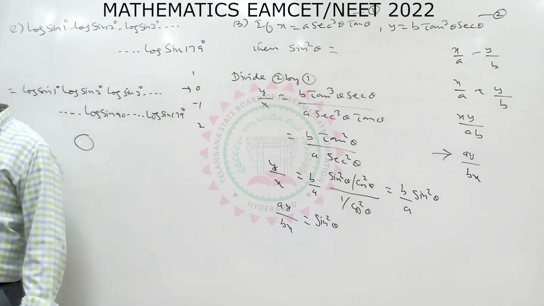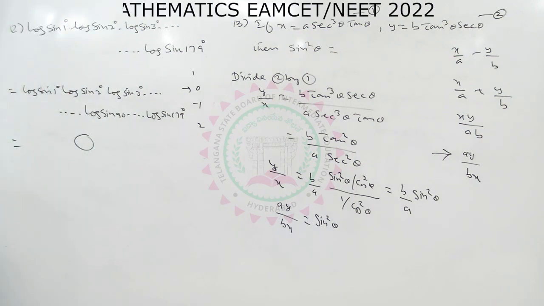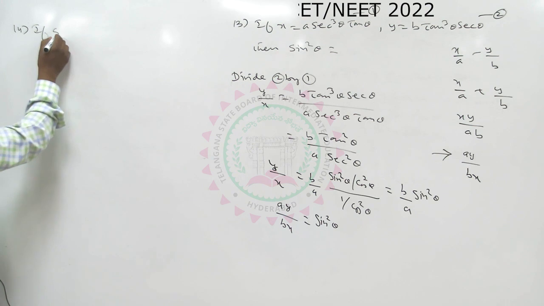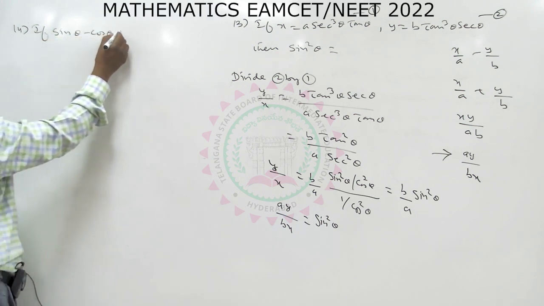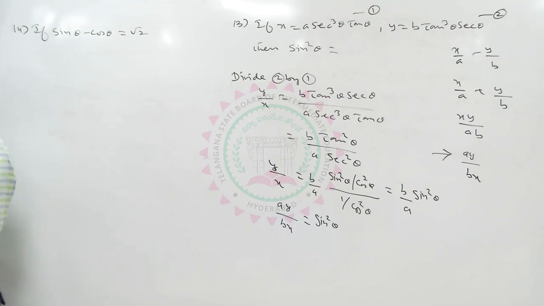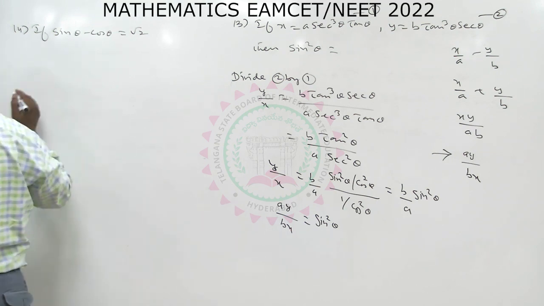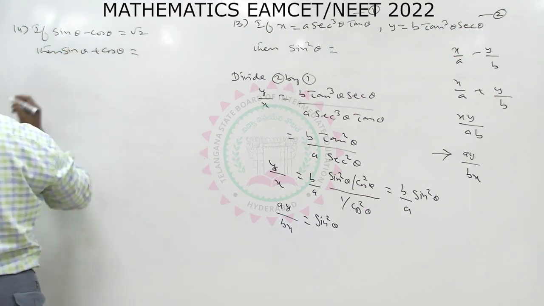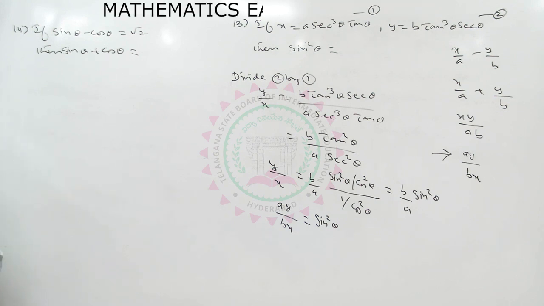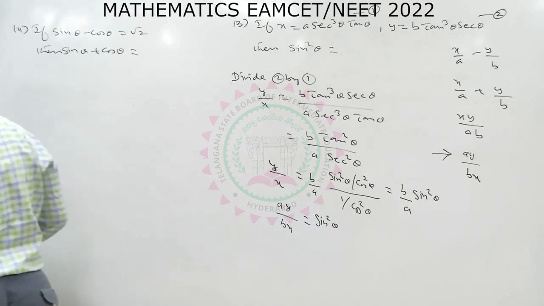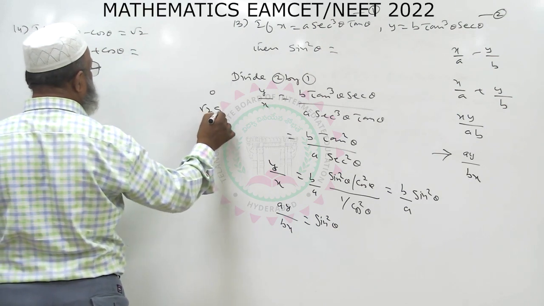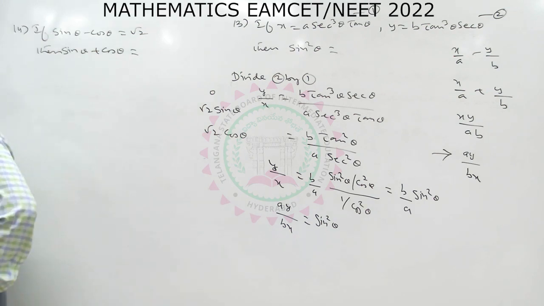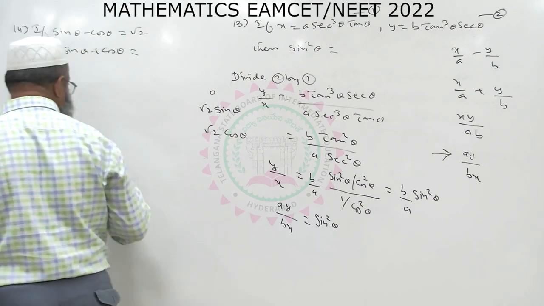That is ay by bx. If sin theta minus cos theta is equal to root 2, then sin theta plus cos theta is equal to, options are 0, root 2 sin theta, root 2 cos theta, 1.